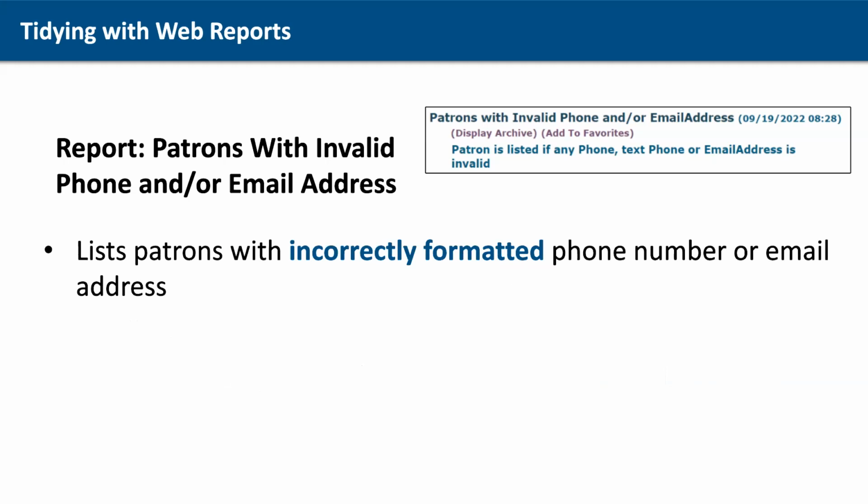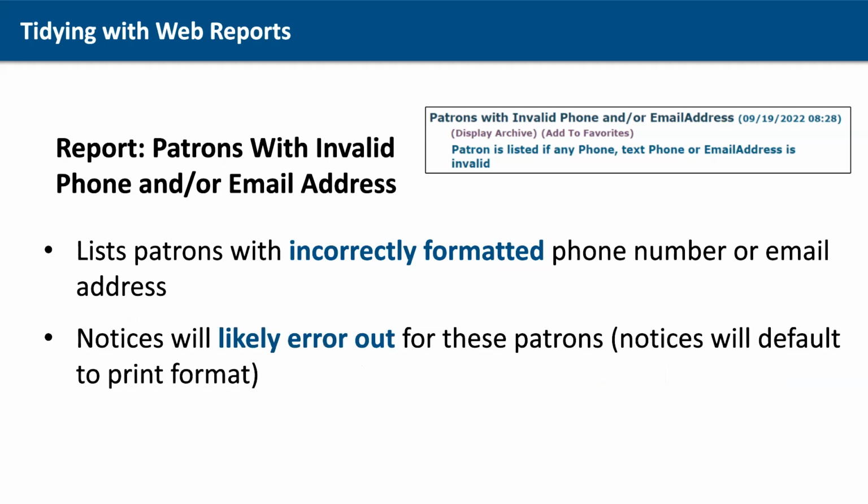This report lists patrons whose phone number or email address are formatted incorrectly. With these patrons, when an email or phone notice is generated, it's likely going to error out. Thankfully, errors will default the notice to print. As long as your library is generating and mailing print notices, these patrons will still get notified, maybe just not in as timely a manner and not by their preferred notice method.